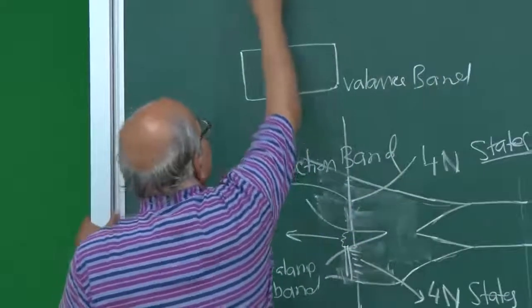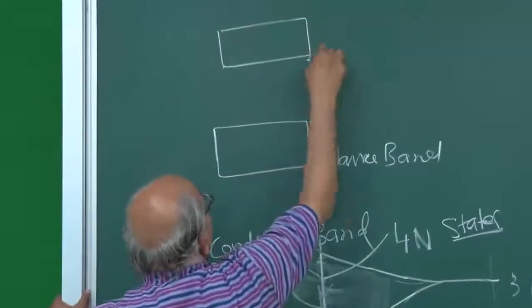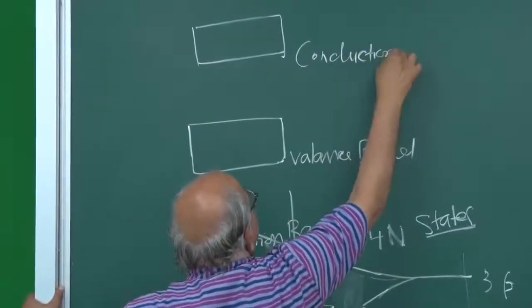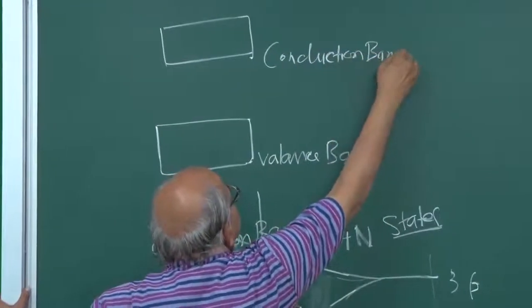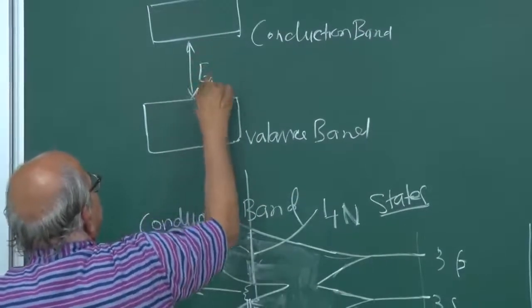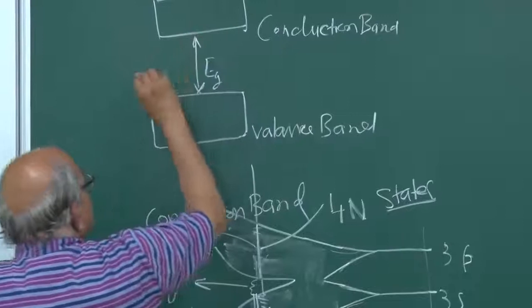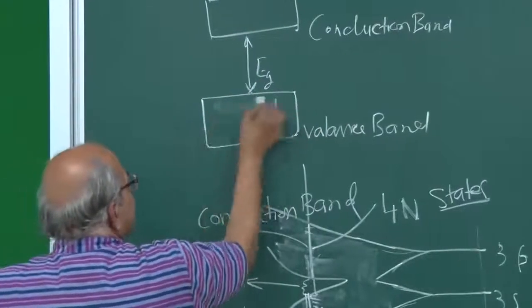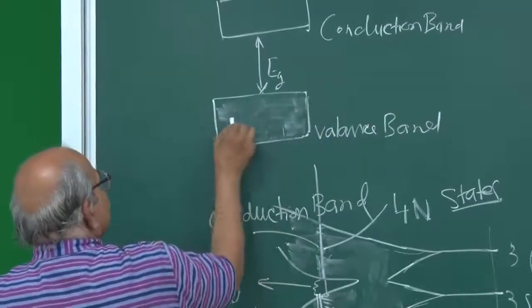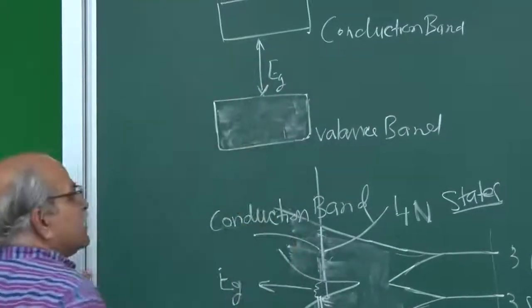and then this is the conduction band. This is the band gap, and that's it. This valence band is completely filled at 0K, at very low temperature, and this is completely empty.